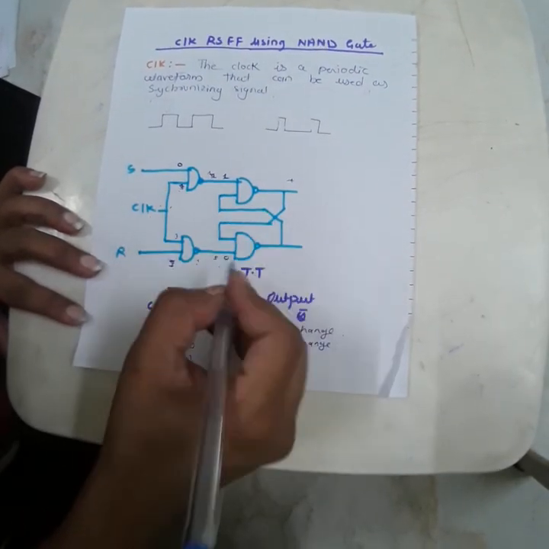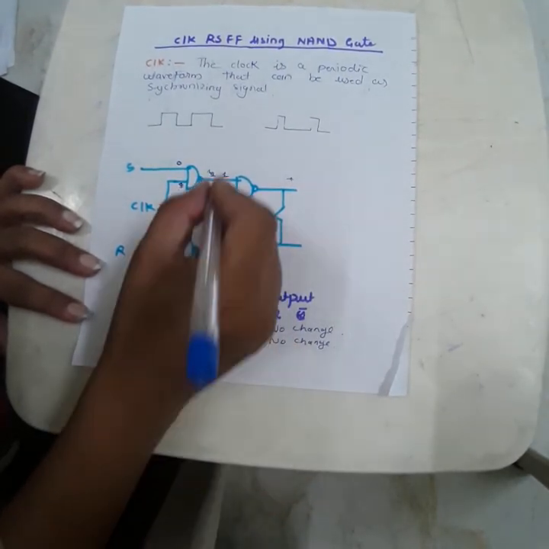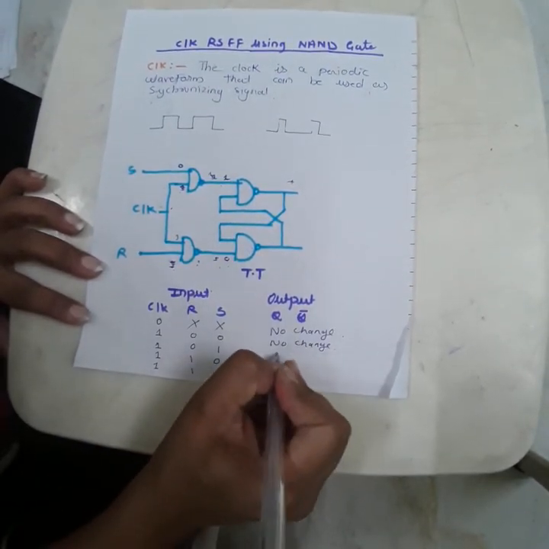So when S equals 1 and R equals 0, you will get the set condition.